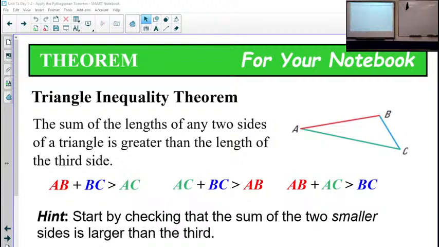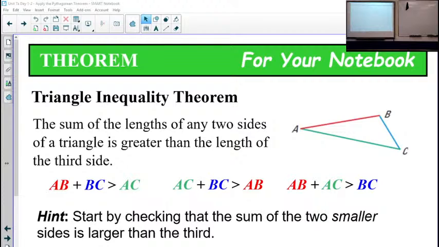Let's say I tell you to make a triangle, and the first side that I ask you to use is 2 inches long. And the second side that I ask you to use is 3 inches long. And then if I say, okay, I want the third side, not the fourth side, there are only 3 sides in a triangle, if I want the third side to be 4 inches, well then, that's great.